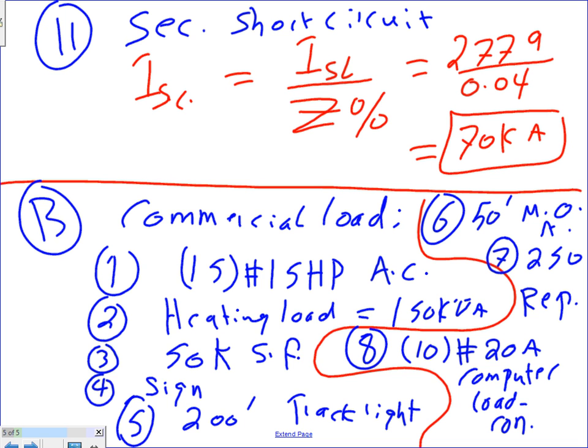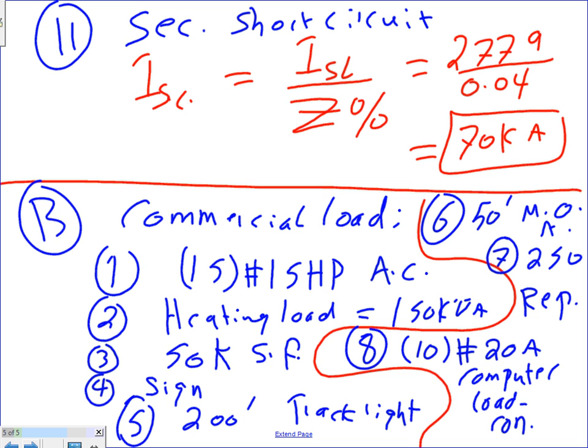Okay, let me repeat. This is the building that you have. I don't want you to put the code references for them, guys, because we went through this in detail. We're just going to do the math. I have a 15 horsepower AC. Heating load is given as 150 kVA.